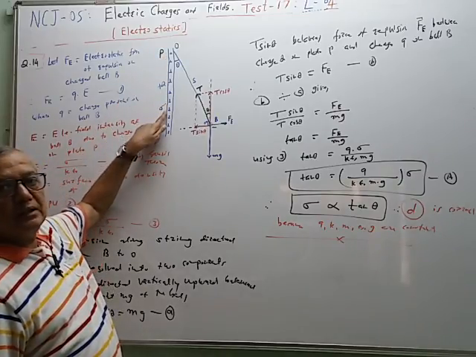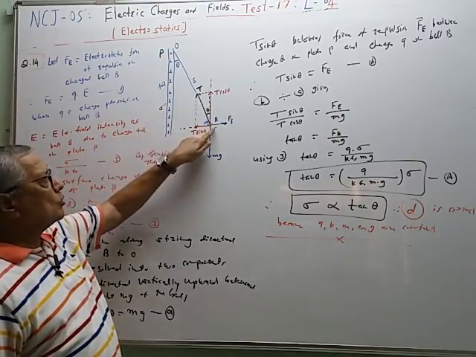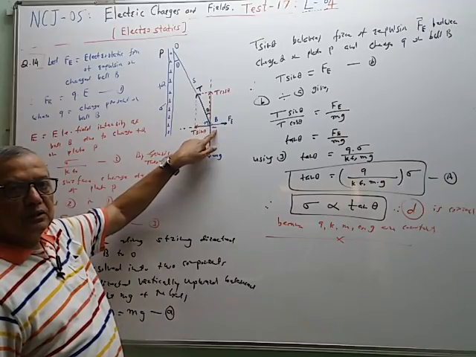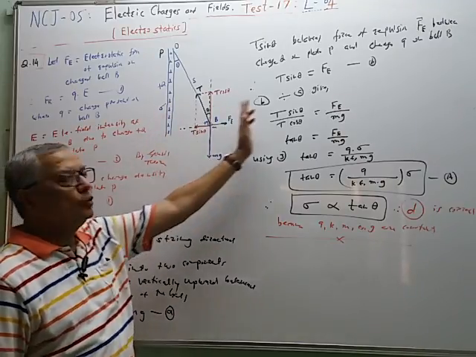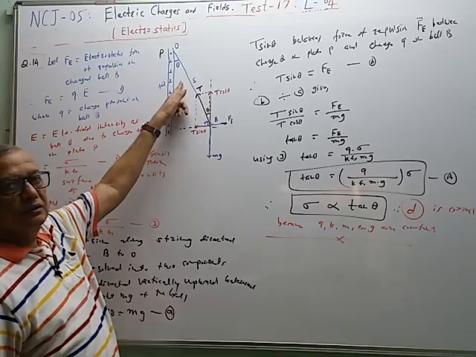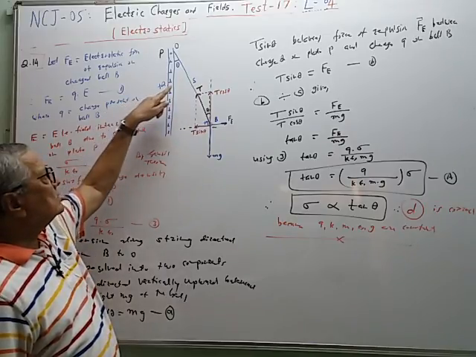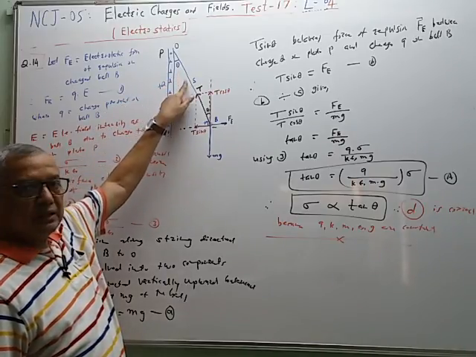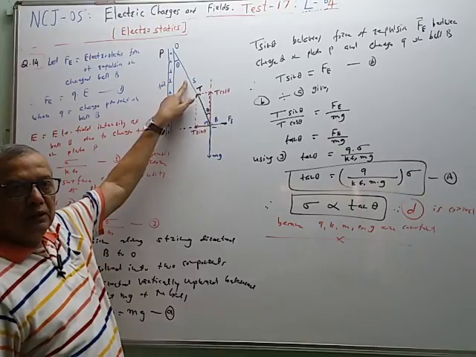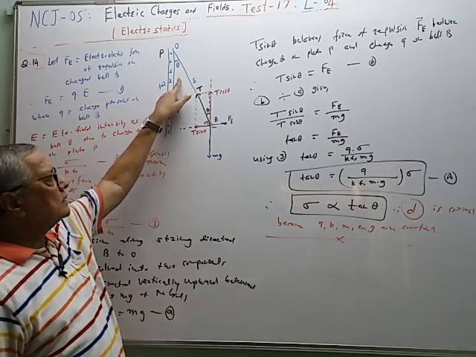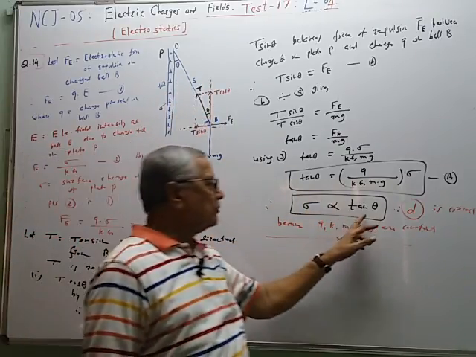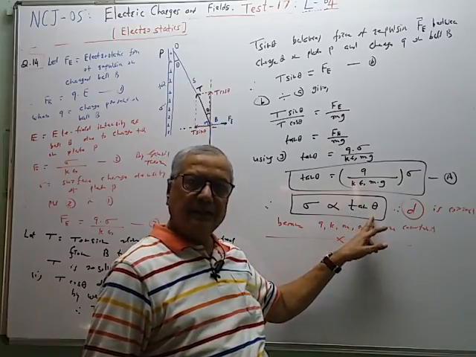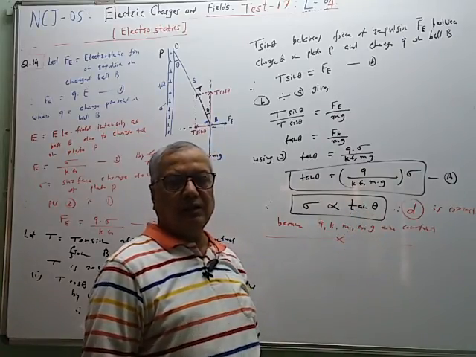The more the charge present, the more will be the force of repulsion on the ball. So it will go away, so theta will increase. So as sigma increases, theta increases, and as theta increases, the proportionality factor will be only either sin theta or tan theta.